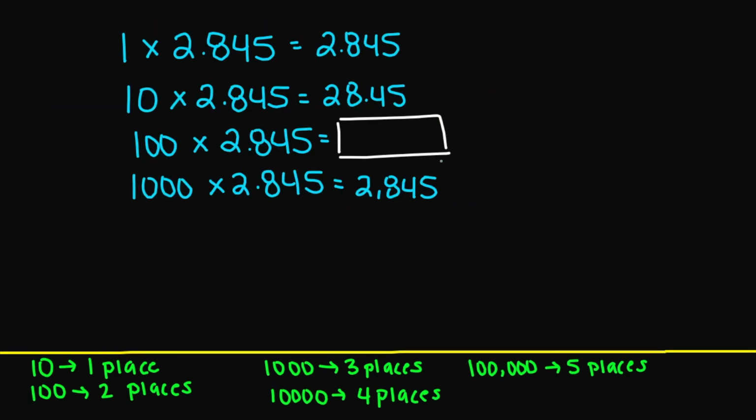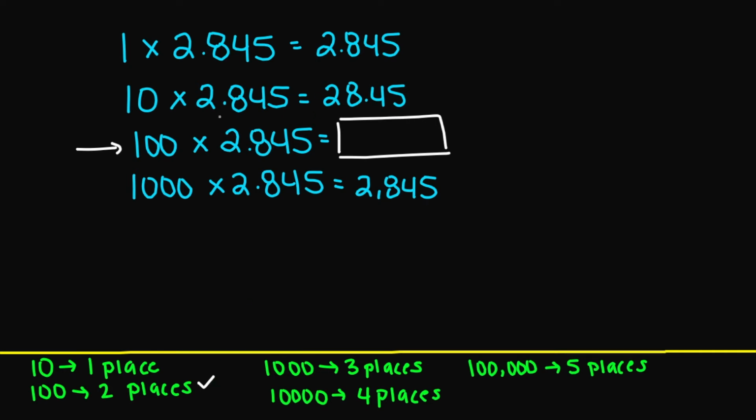Okay, so let's look at this example here. We have 1 times 2.845. So we're going to multiply 2.845 times 1 times 10 times 100 and then times 1,000. However, what is 2.845 times 100? And the quickest way, of course, we can do that is to move my decimal point 2 places to the right.